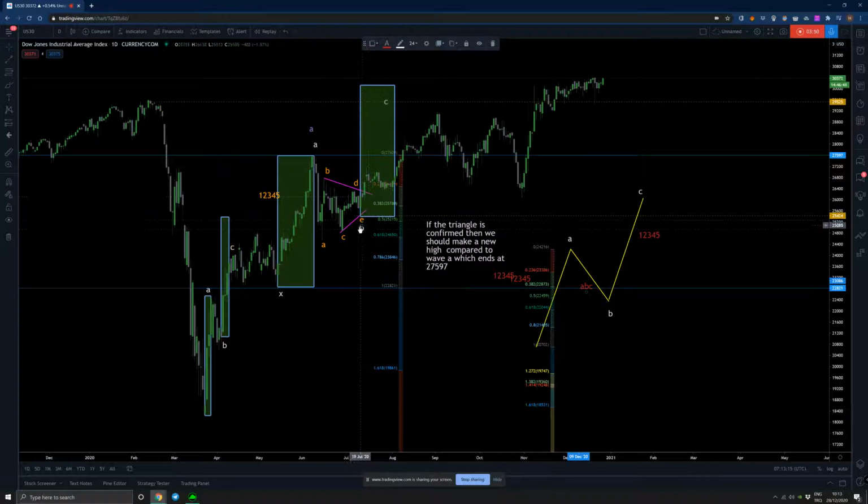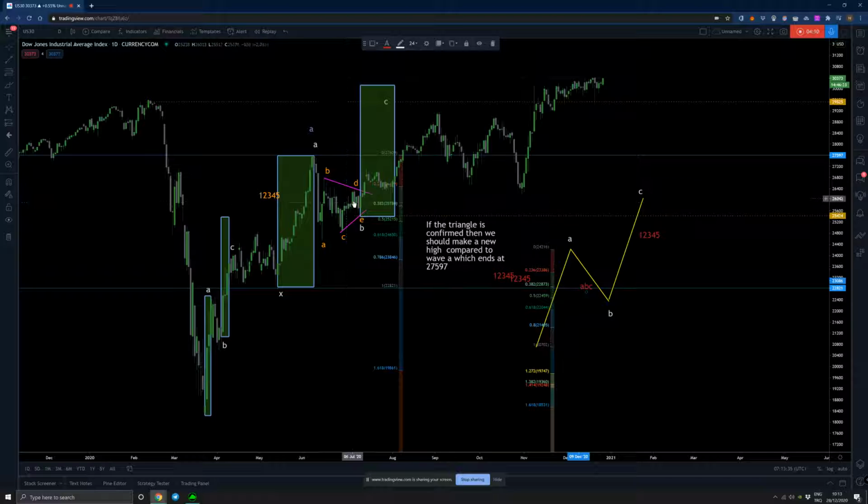And a triangle is a corrective wave that can actually appear in the B wave. By the way, maybe this can be something more complex, like ABCX then a triangle. It can happen too. I don't care about it so much because what kind of triangle it is doesn't change the outcome for us.